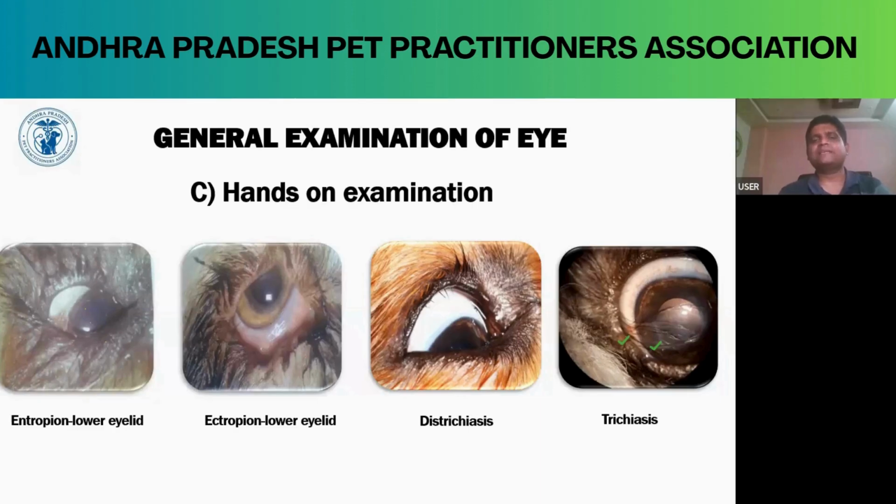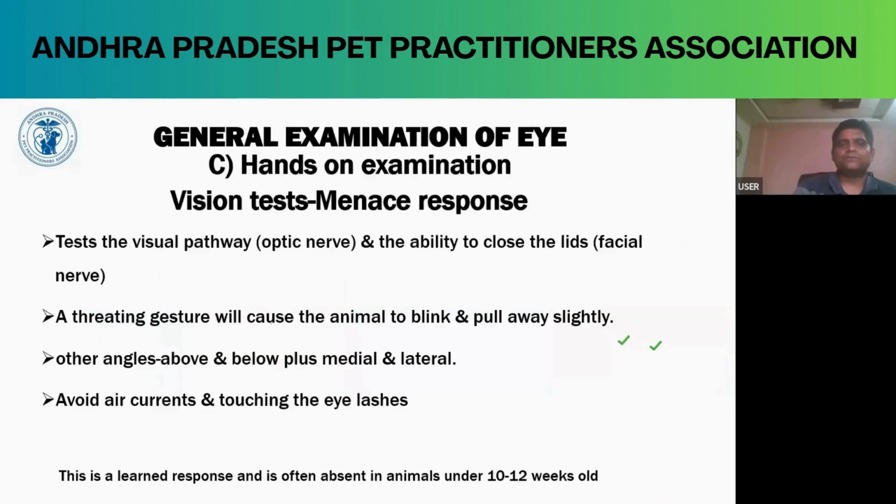This is regarding some of the things we generally appreciate during the hands-on examination, as well as how to examine the conjunctiva at the lower eyelid and the upper eyelid.